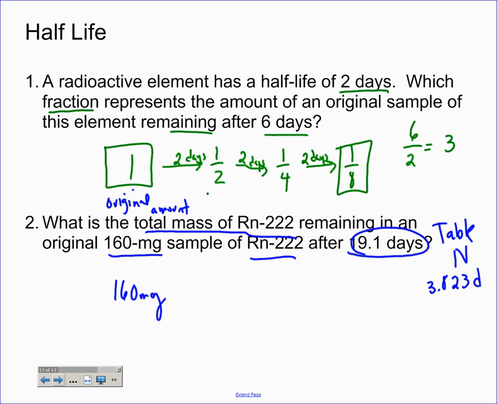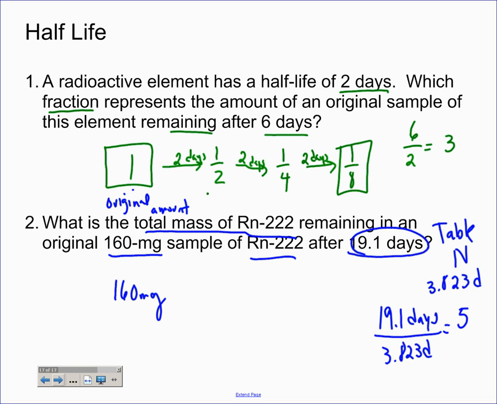So again, we have to figure out how many half-lives have gone by. So we take 19.1 days and we divide it by the half-life, 3.823 days, and we figure out the number of half-lives that have gone by. 19.1 divided by 3.823, and you get approximately 5.